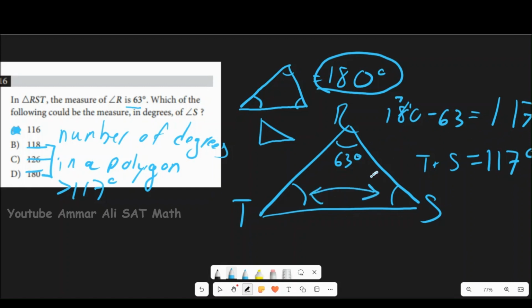And since we knew this information, we could deduce that angle S could only be 116 degrees because all these other ones exceed our limit that we determined right here.